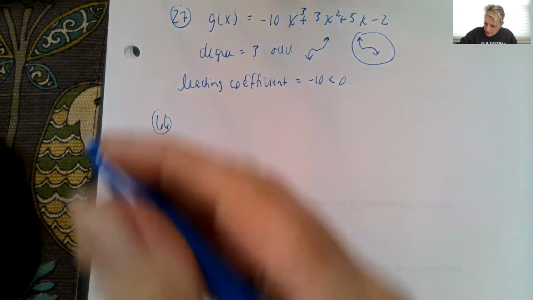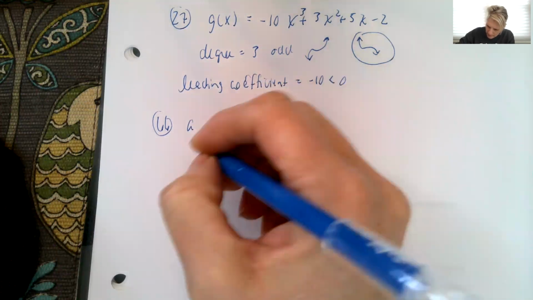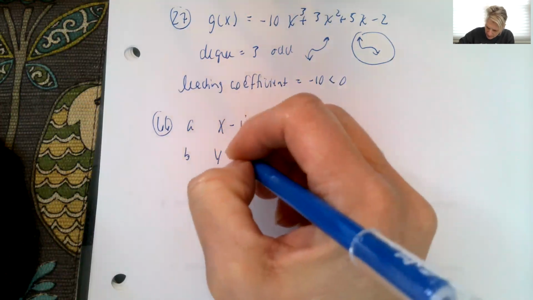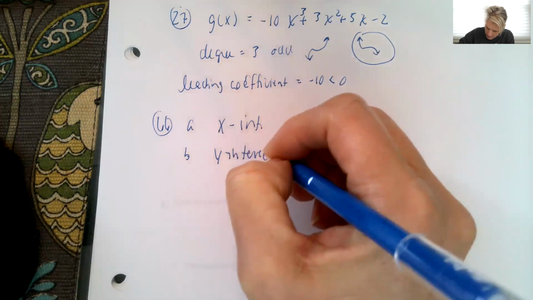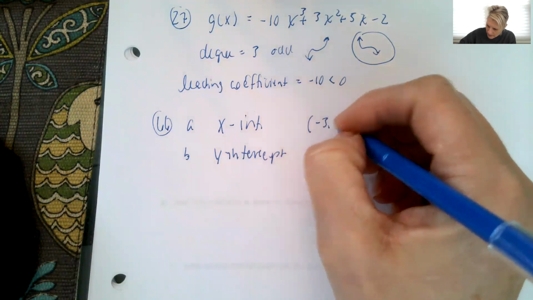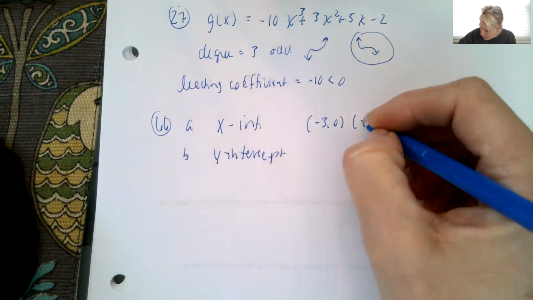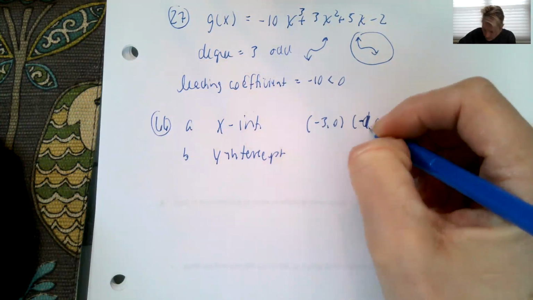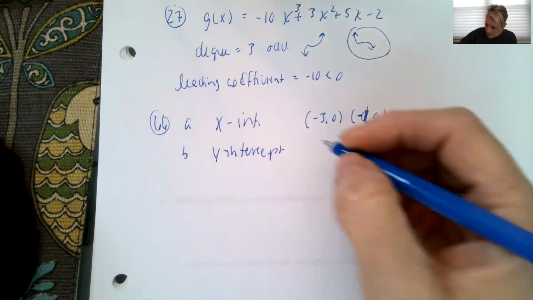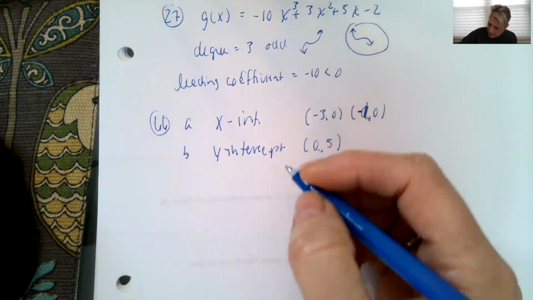So let's write that down. Okay. So A is the x-intercepts. B is the y-intercept. The x-intercepts were at -3 and 0, and then -1 and 0. Our y-intercept was at 0 and 5.